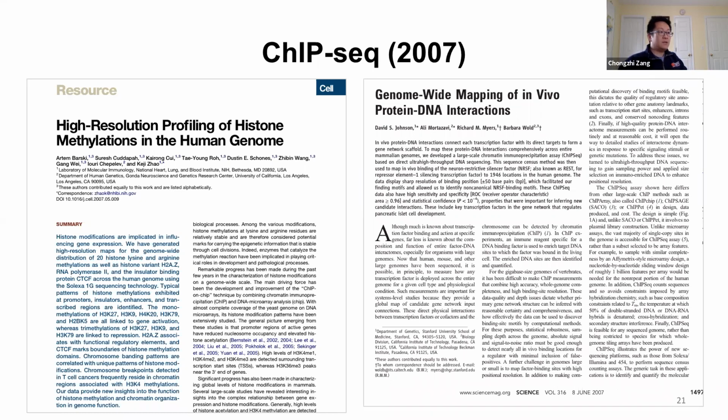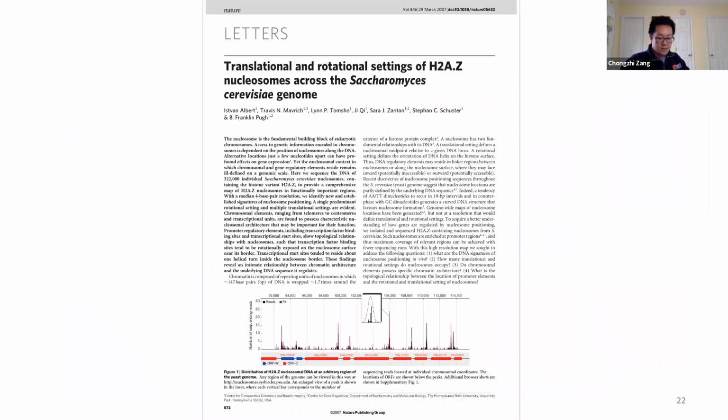At that time there was a competition, because once the sequencing technology was developed, it was fairly straightforward to think of applying it directly to study the genome-wide protein landscape. But it was a matter of a lot of experimental details to figure out the detailed protocols and to analyze the data.